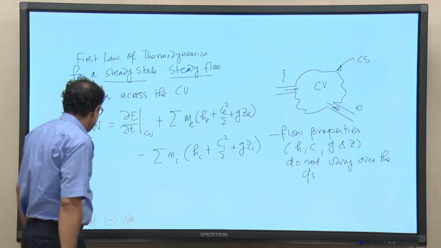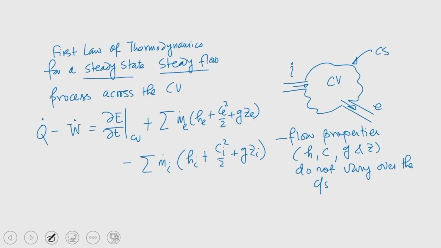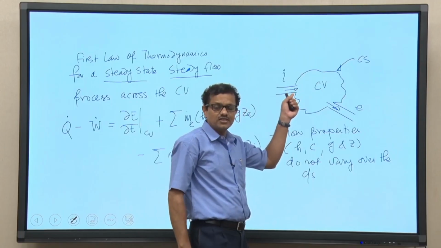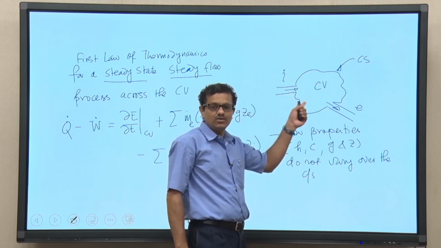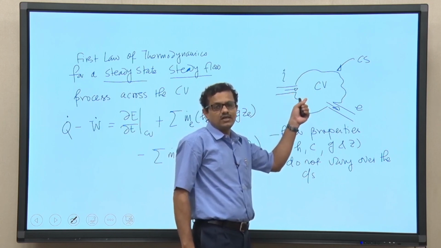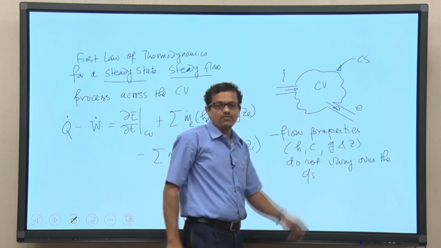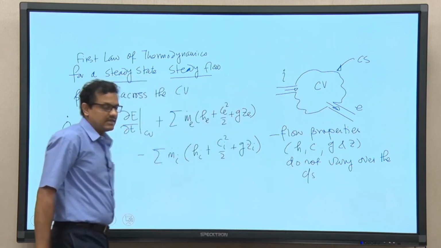Just by rearranging, you can take W dot to the right hand side, but one important assumption is that the flow properties do not vary over the cross section through which flow is entering or leaving the control volume, that is at E.